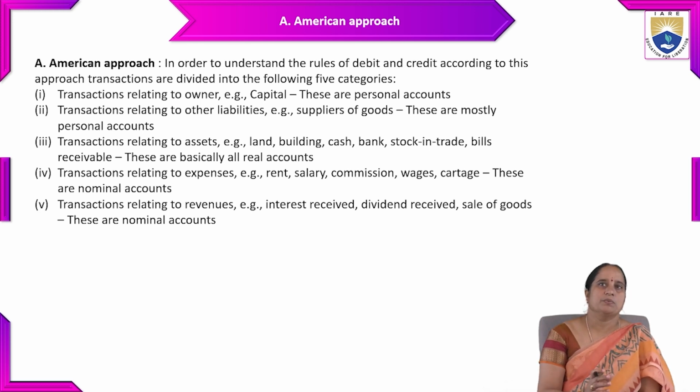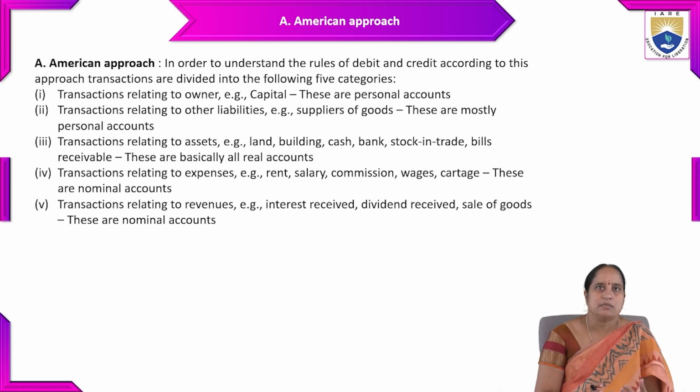Transactions relating to other liabilities, for example, suppliers of goods. These are mostly personal accounts; even suppliers are persons. And transactions relating to assets, for example, land, building, cash, bank, stock in trade, bills receivable, etc.